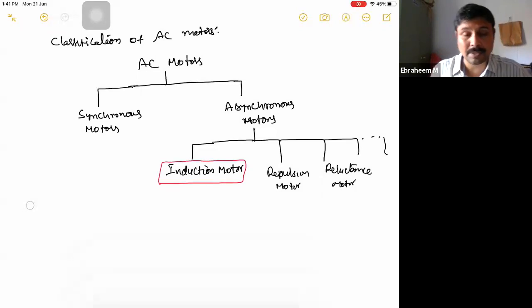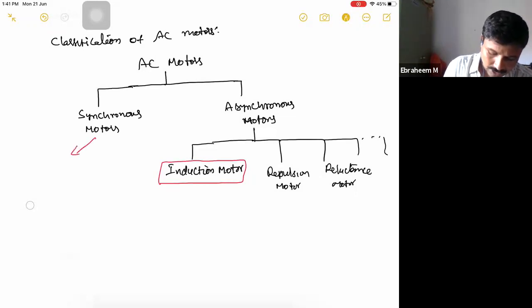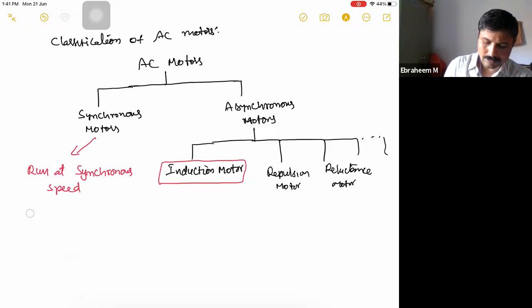So your induction motor is an asynchronous motor. That means there is one speed called synchronous speed. Synchronous motors run at synchronous speed only. They cannot run at any other speed.